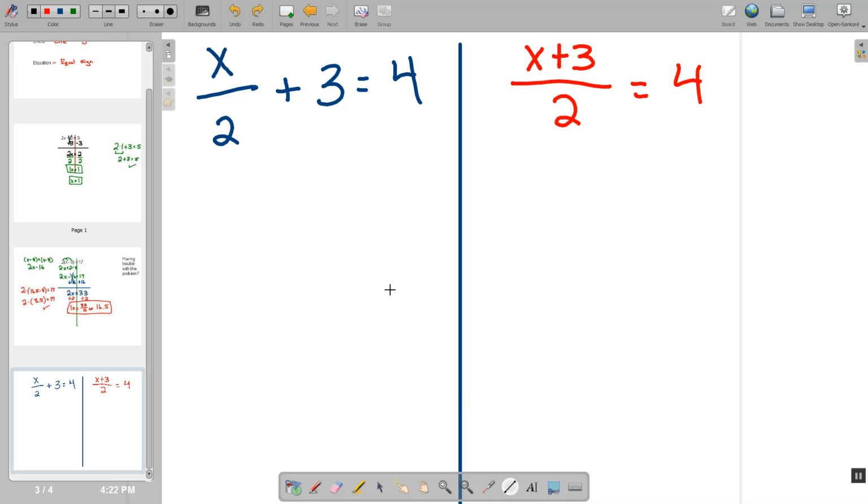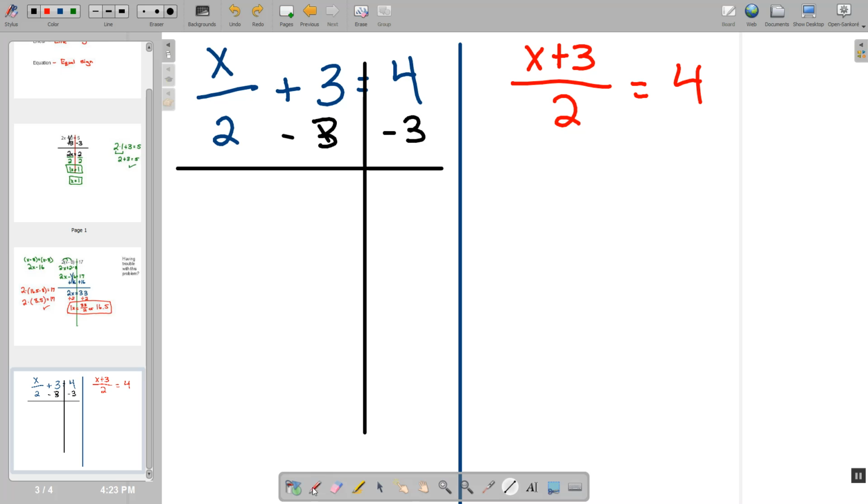We draw our line down the equal sign, and I'm going to subtract 3. Whoops, sorry about that. I'm going to subtract 3 from both sides. When I subtract 3, that's equal to 0. So I get x divided by 2 is equal to positive 1. Now, the last few times we would multiply or divide at the end, we are going to do the same thing here.